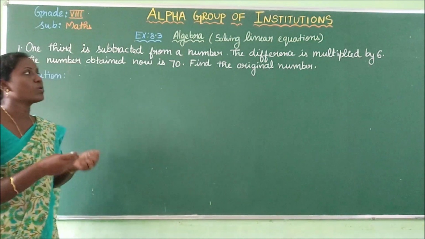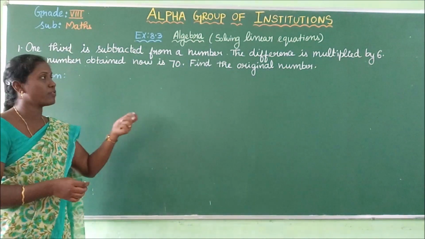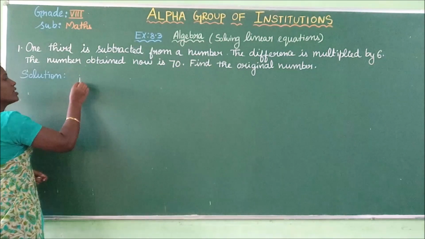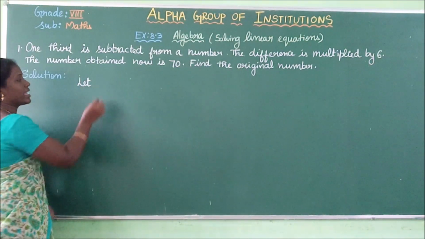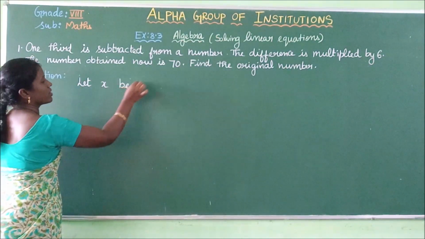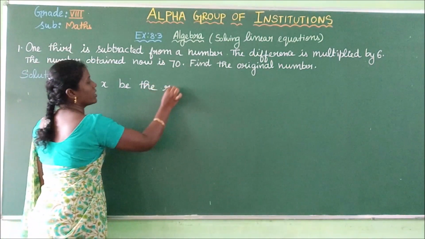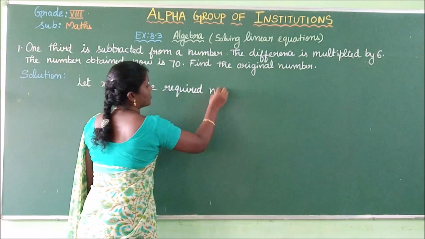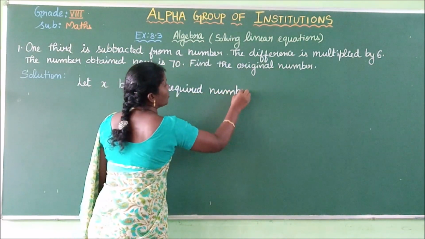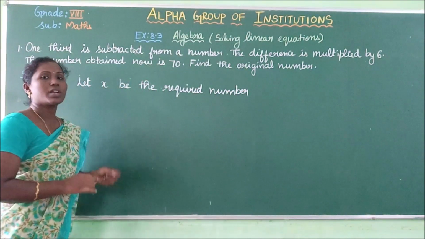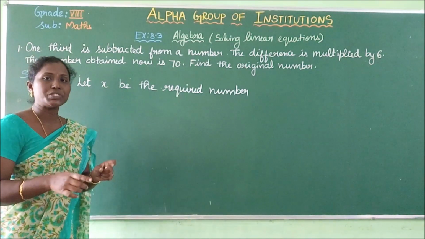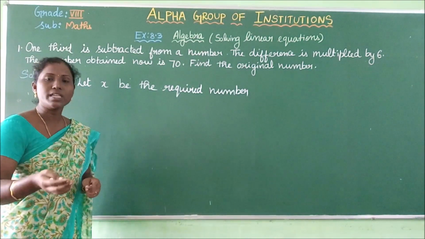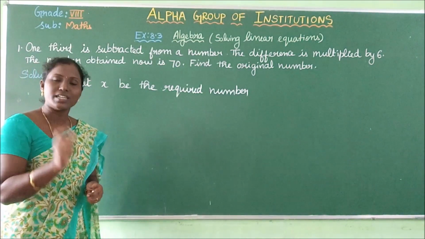So here I don't know what the number is. Just in general, using algebra, let x be the required number. Now, going to the condition given in the question. In every question, to solve the equation, there will be a clue word or condition given.